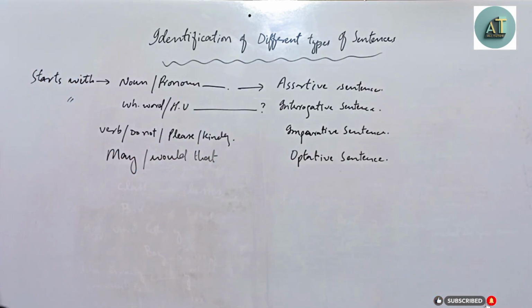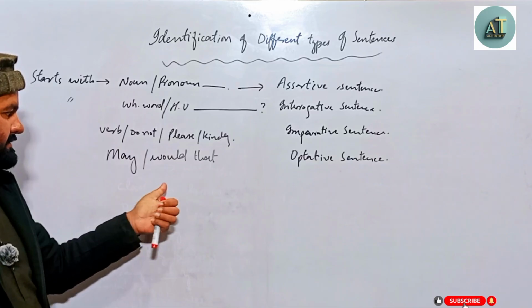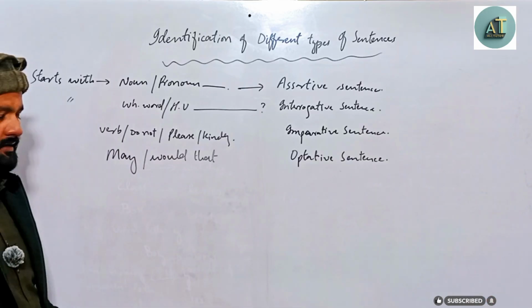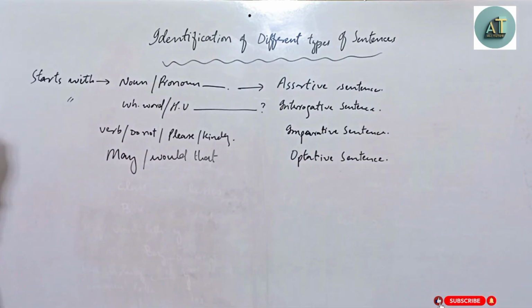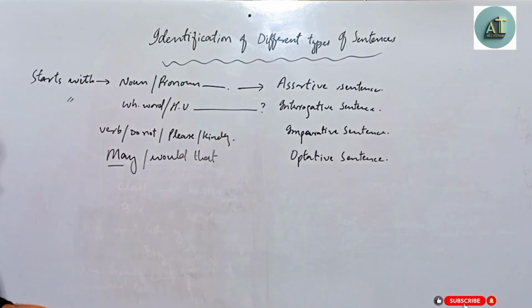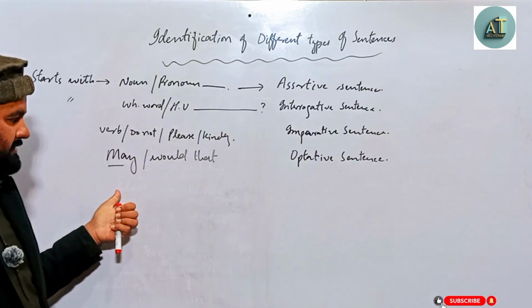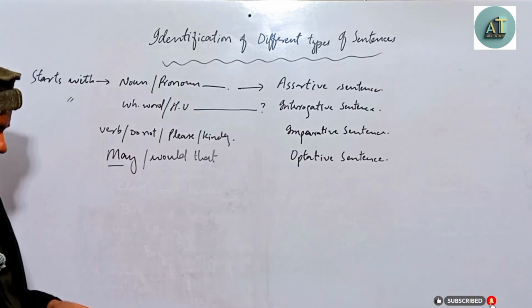If the sentence starts with may or would that, we can say that is an optative sentence. May or would that at the start of a sentence makes it an optative sentence.